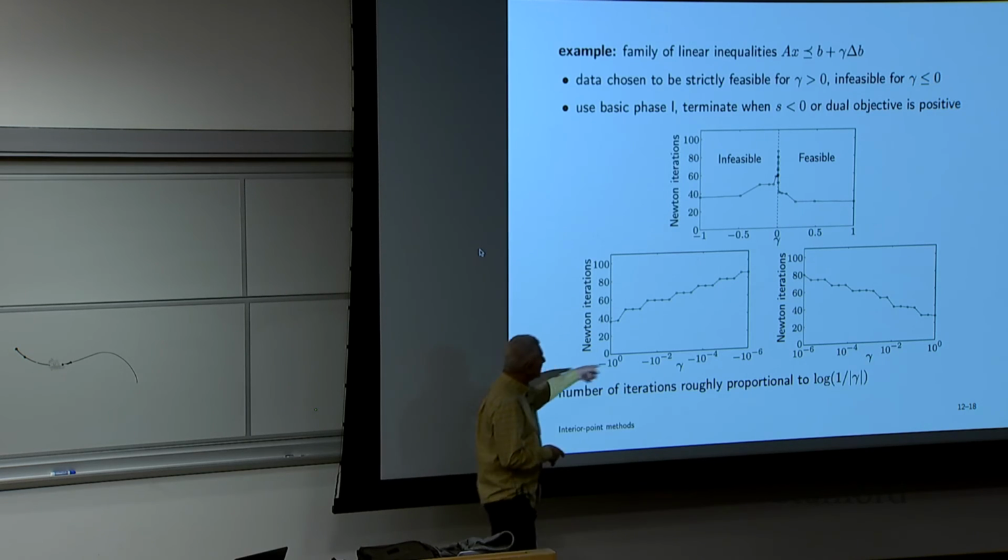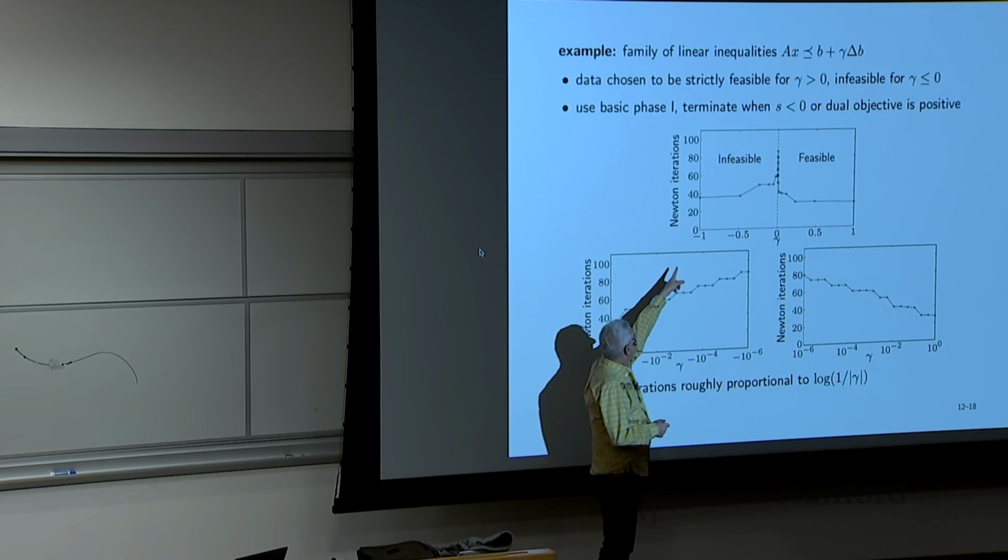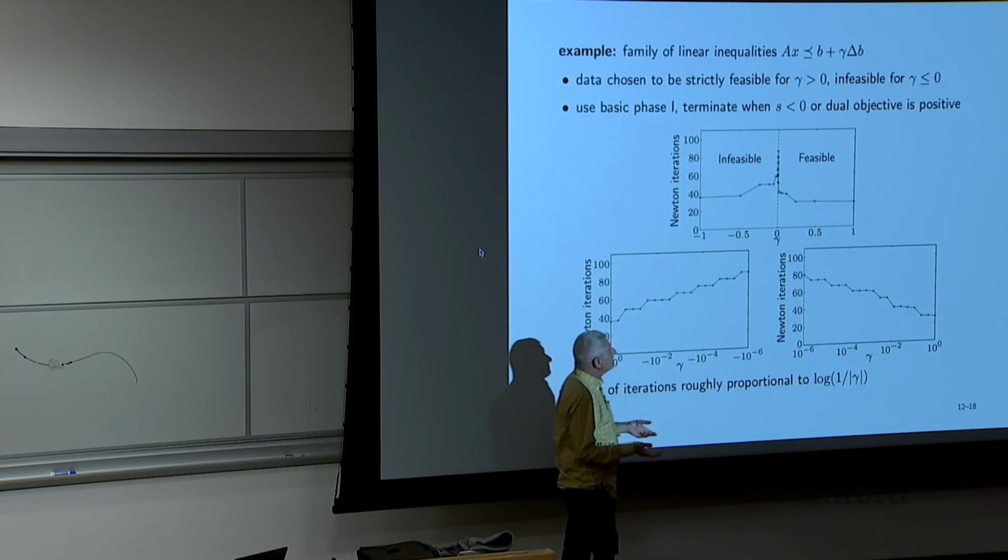Oh, this is showing you the zoomed in version. Actually, these are sort of interesting, right? Because over on the left, you would say, this is taking only 30 steps. Why? Because it's infeasible, but there are a lot of certificates that it's obviously infeasible. It's easy, so it doesn't take many steps to prove infeasibility.